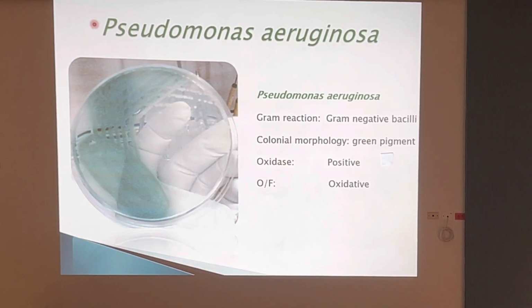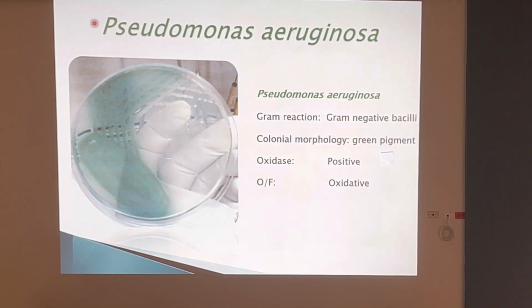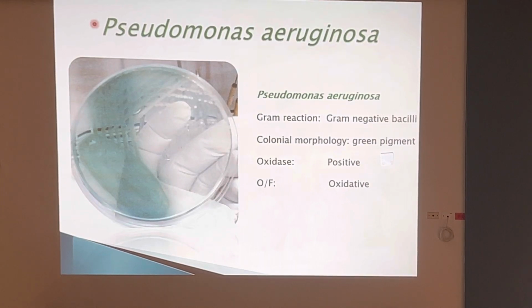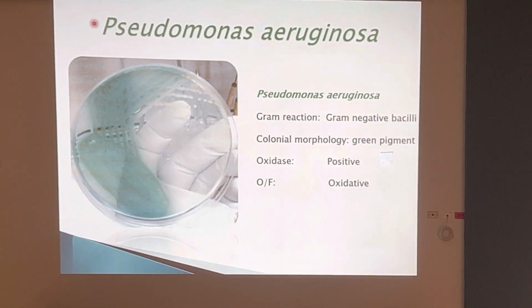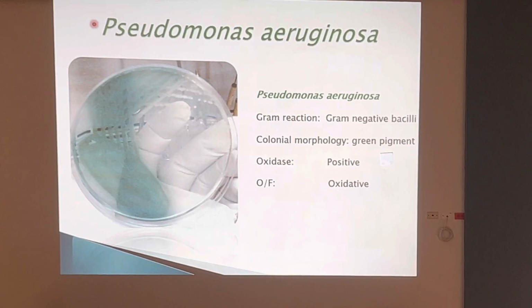You have what are termed as Enterobacteriaceae, which is a group of gram-negative bacilli, and typically most of them can be found in the gut. However, Pseudomonas aeruginosa is a gram-negative bacilli, but it's not one of the members of the Enterobacteriaceae. Your Enterobacteriaceae are, for example, your E. coli, Klebsiella, and so on.